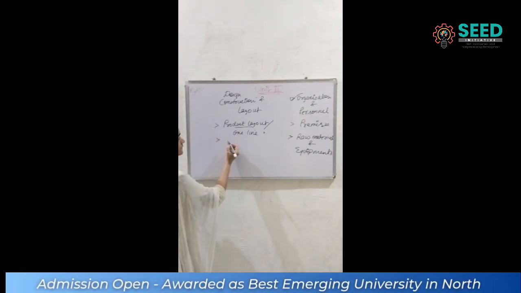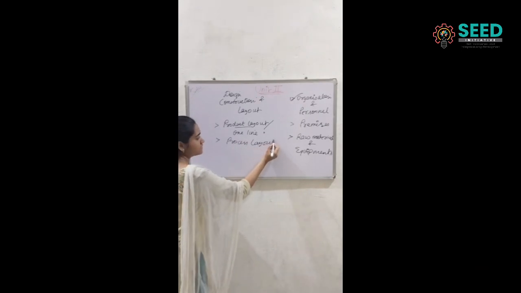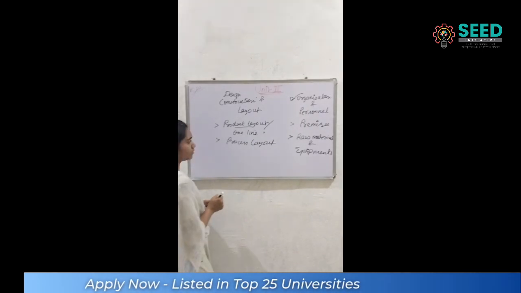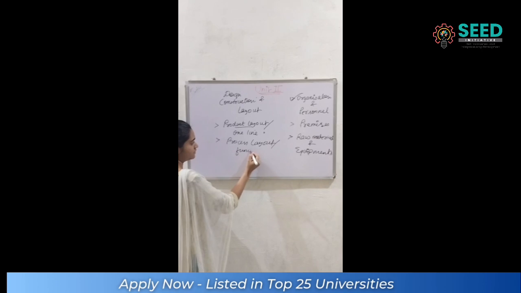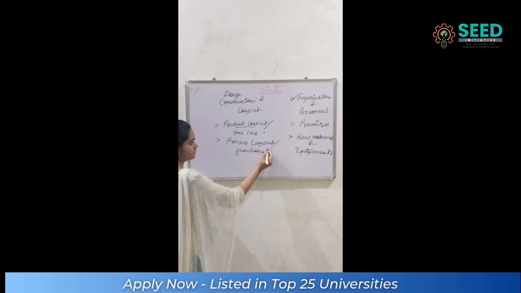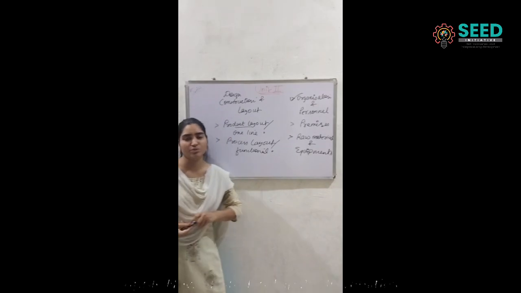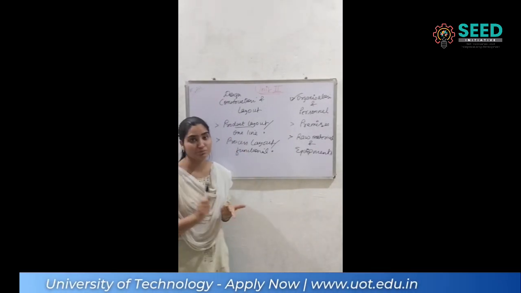Then the second is process layout. It is also called functional layout. Now we can know from the name that process layout means we are talking about the equipments.